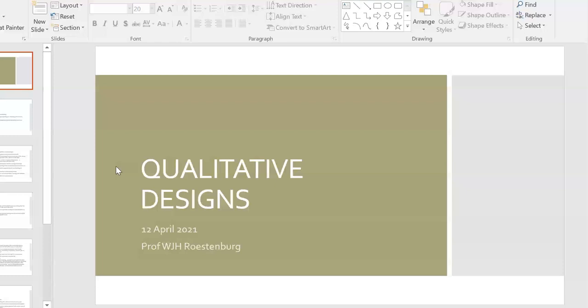This next section is about the qualitative designs, and for this lecture I base it on the appropriate chapter in the textbook, which is chapter 14. Chapter 14 is about qualitative designs. It is called thematic inquiry in qualitative research. It is not the be all and end all. You can also read chapter 15, which is the narrative inquiry.